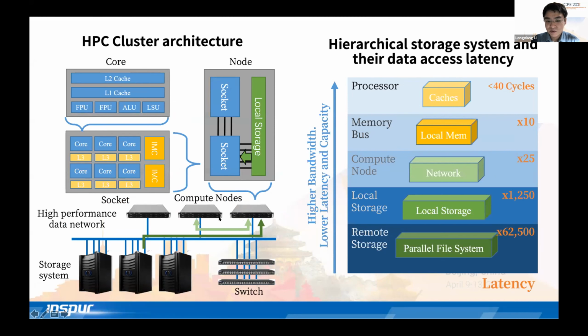But when we use a large number of compute nodes, more data must be transferred by the network. This may cause more CPU stalls than small scale computing. That's why the performance issue may change between small scale and large scale parallel computing.